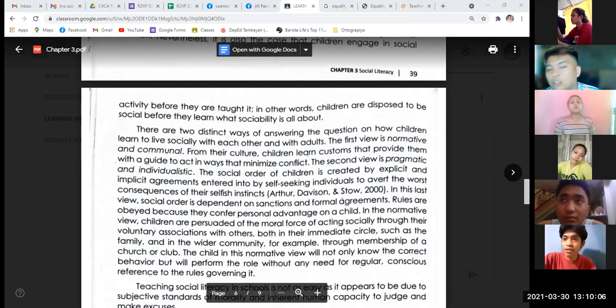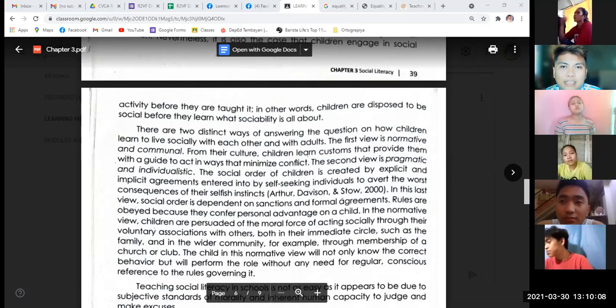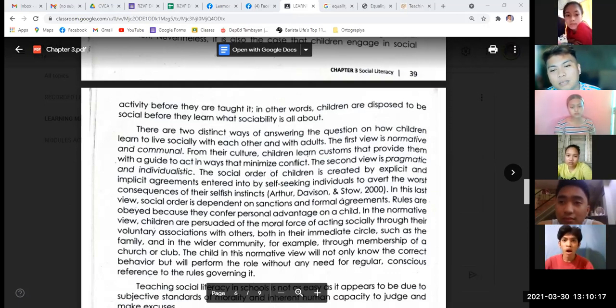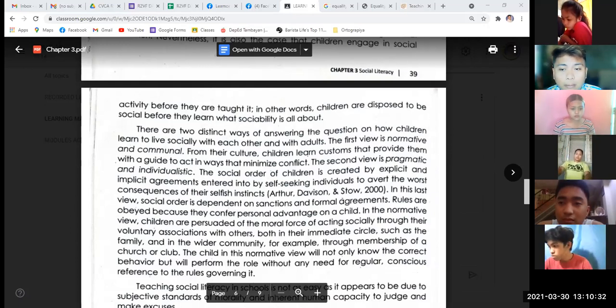Why? If your judge is pragmatic and you say you killed someone and then you will be asked, why did you kill him? Because he was about to kill me. So definitely it's a self-defense. Okay. If your judge is a pragmatic judge, then therefore you can be free. Pwede kang lumaya. Why? Kasi nga, tama naman.